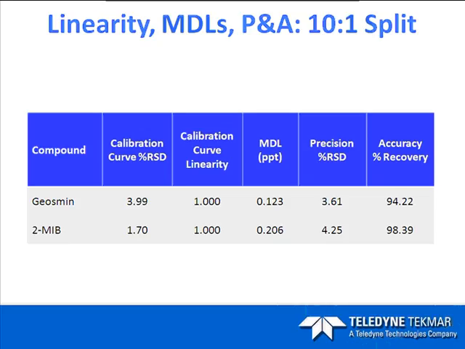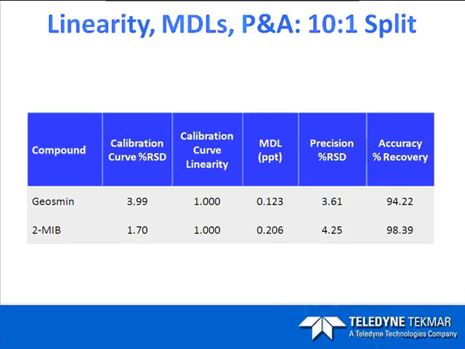We are looking at a table right now, and this is for the 10 to 1 split. If we look at the MDLs, they're about the same, maybe just a little bit different than the cryofocusing. For Geosmin, the method detection limit was 0.123, and for 2-MIB, it was 0.206.